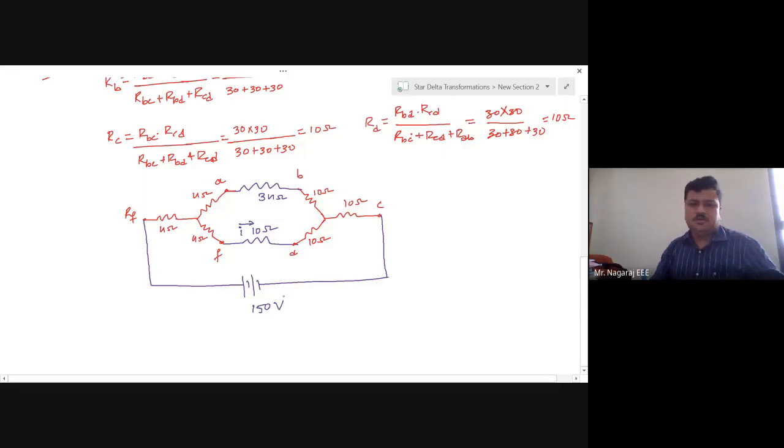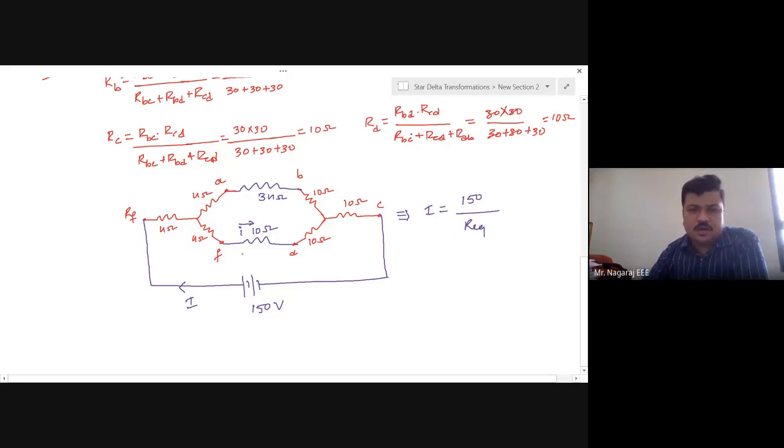Now it is a simple application of branch current formula. Now this is I. I will rewrite this circuit, find the main current I. So I is equals to 150 divided by R equivalent.